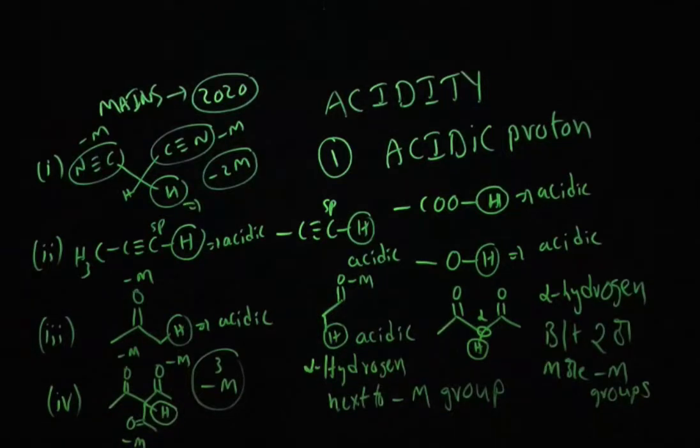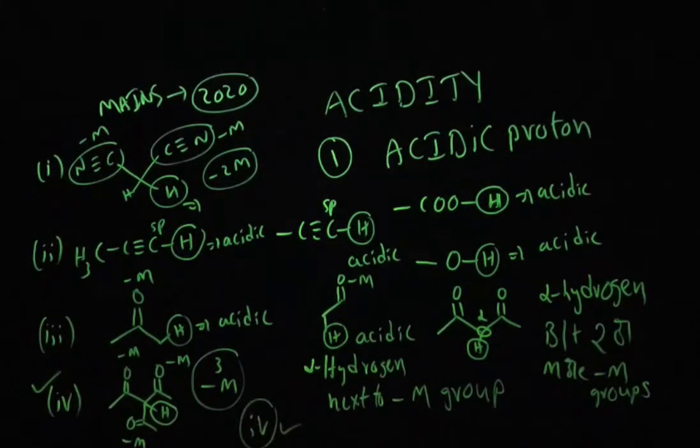In option 4, the alpha hydrogen is between 3 minus M groups. Between 2 and 3 minus M groups, you have to give priority to 3 minus M groups. That means the hydrogen between 3 minus M groups is more acidic. So the fourth one is the correct answer.